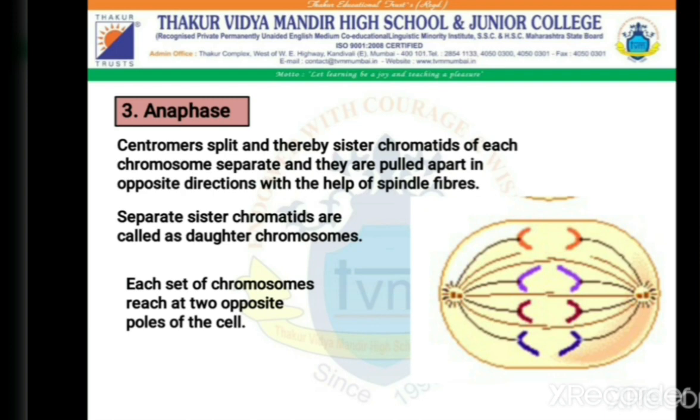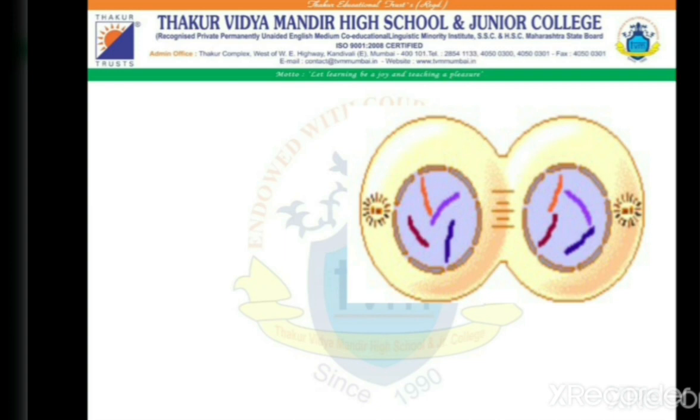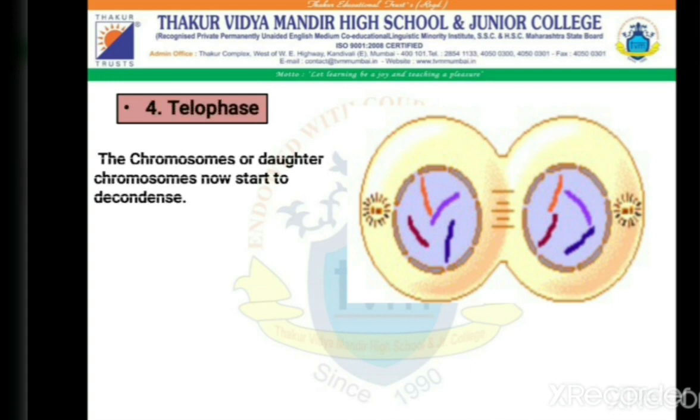Then it comes to the last phase called telophase. The chromosomes which have reached the opposite poles of the cell now start to decondense. The condensation started in the prophase, and now they are decondensing.